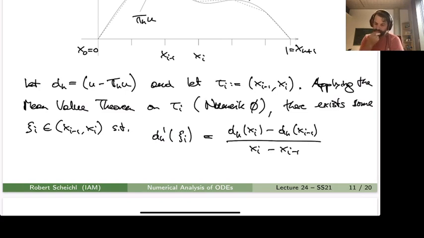Now we have defined Pi_h u to be the interpolant, so we know that at the endpoints of all these intervals the interpolation error is 0. Okay, so in total we get that d_h primed at that specific point xi_i is 0. So there exists a point in the interval where the derivative is 0.